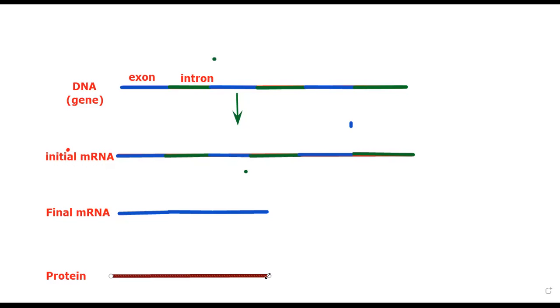That final mRNA is the one converted to protein. Due to this reason, introns are known as nonsense codes. What is the meaning? Codes with no sense. Understood? Yes, sir.